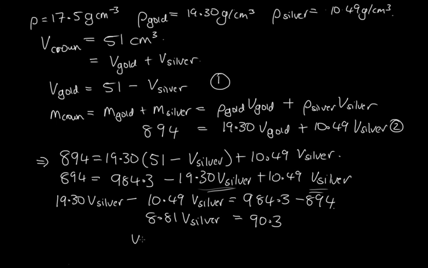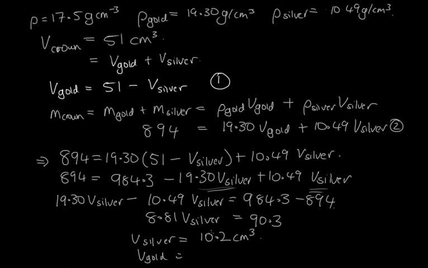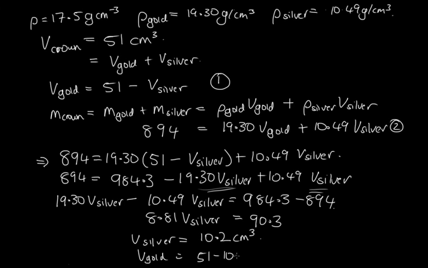And so the volume of silver is 90.3 divided by 8.81, which is equal to 10.2 centimeters cubed. And the volume of gold from this equation here is just 51 minus the 10.2, and so that gives us 40.8 centimeters cubed.